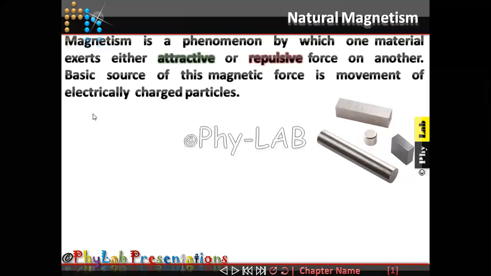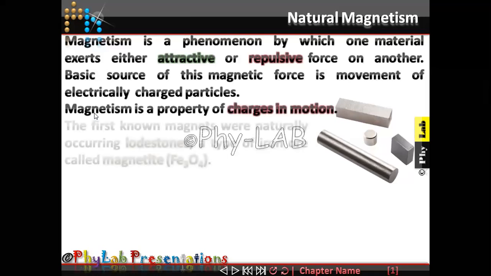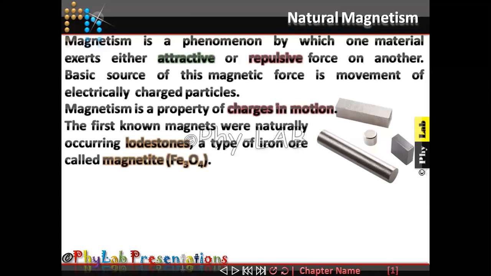Now, all these phenomena of attraction or repulsion come into existence due to the fact that every electron, while revolving around its nucleus, behaves like a current carrying coil, and every current carrying coil possesses a magnetic dipole moment.